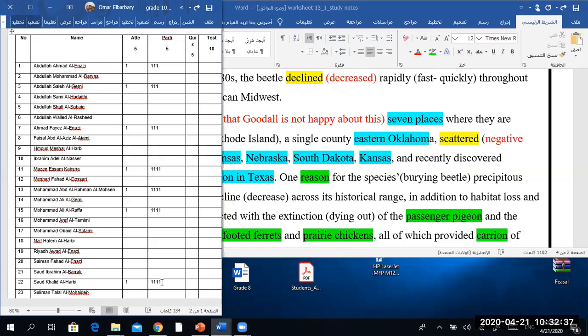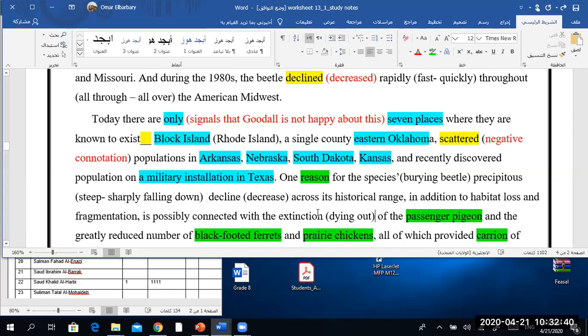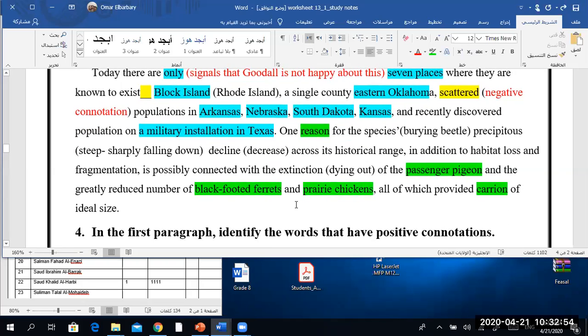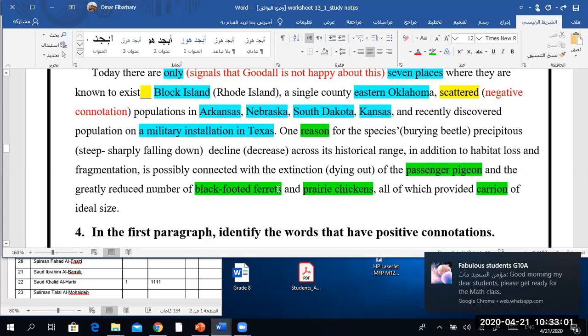So when these animals disappeared, also the burying beetle is starting to disappear too. Why do you think so? Because these animals provided the food, the ideal food, for the burying beetle.